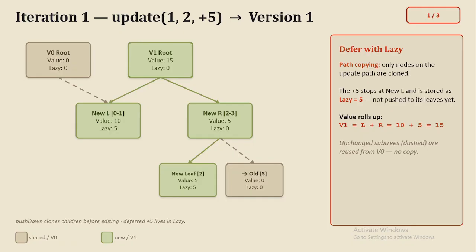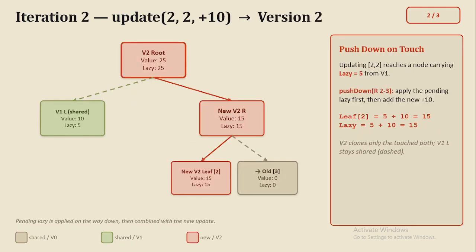In iteration 2, we will update the second index and add 10 to it. As we descend, we hit the right child, which already carries lazy 5 from version 1. Before going deeper, we call push down.